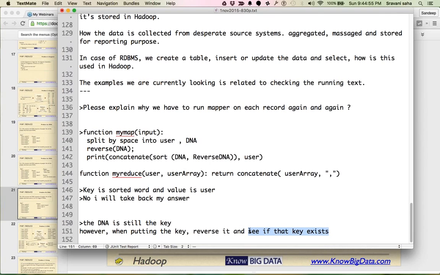We don't have access to the data being spit out by all the others, because whatever logic you write is going to run in parallel over the whole cluster. Which means you don't have access to others.